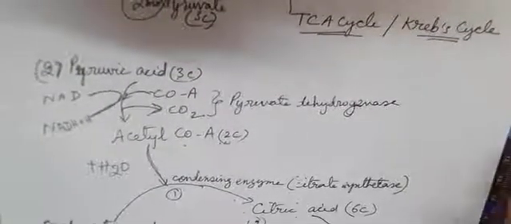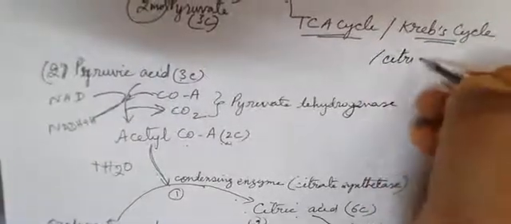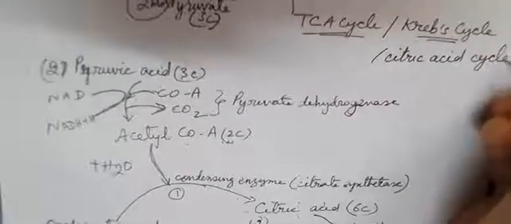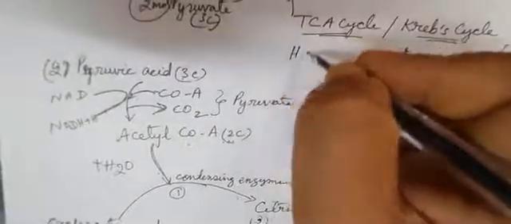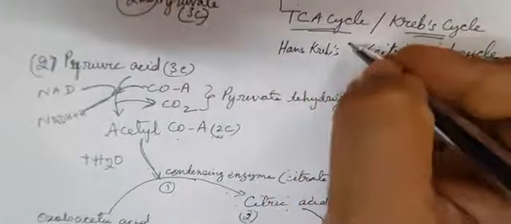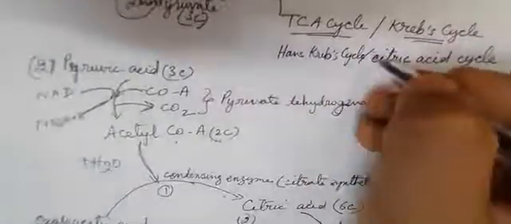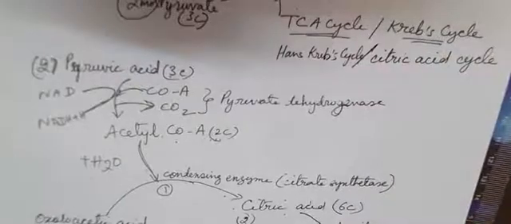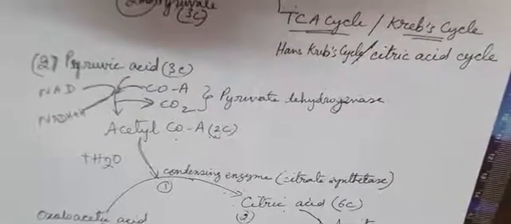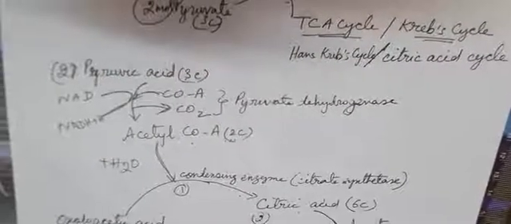So another name is citric acid cycle or Hans Krebs cycle. So today we'll be studying only this much. Thank you.